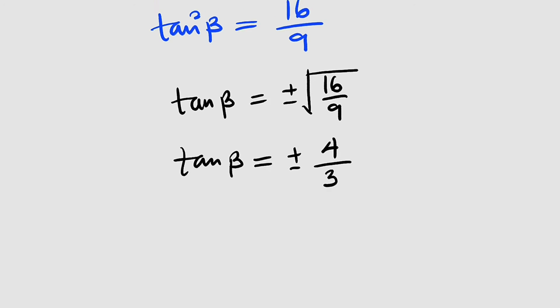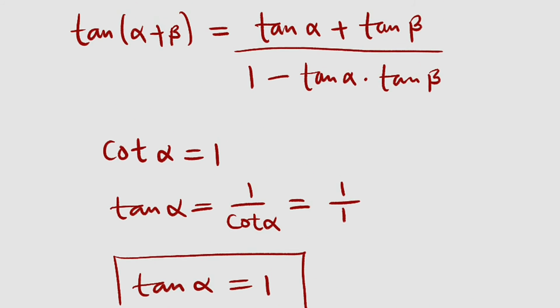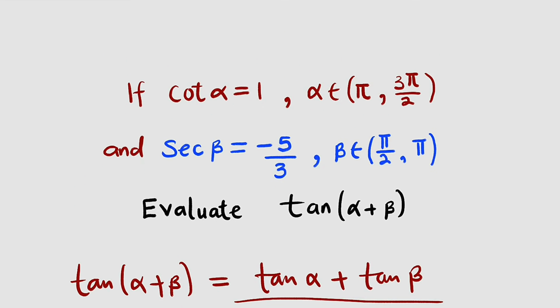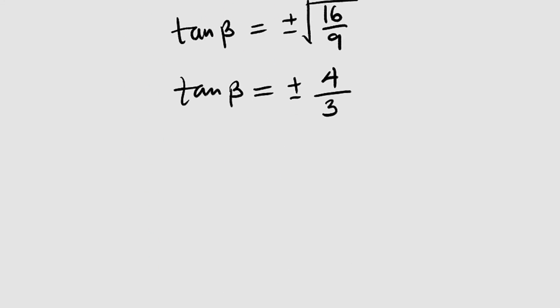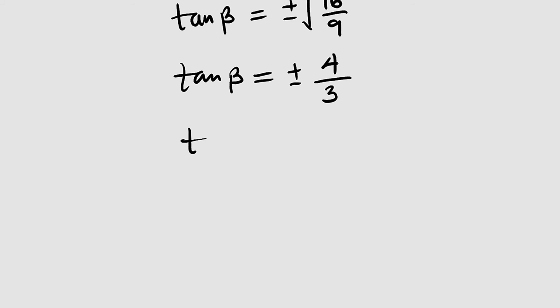But remember, we have a condition that says beta is in which quadrant? From pi over 2 to pi, that is from 90 to 180, in the second quadrant. In the second quadrant, only sine and its reciprocal are positive. Therefore, we are going to consider a negative result. So tangent of beta is nothing but negative 4 divided by 3.